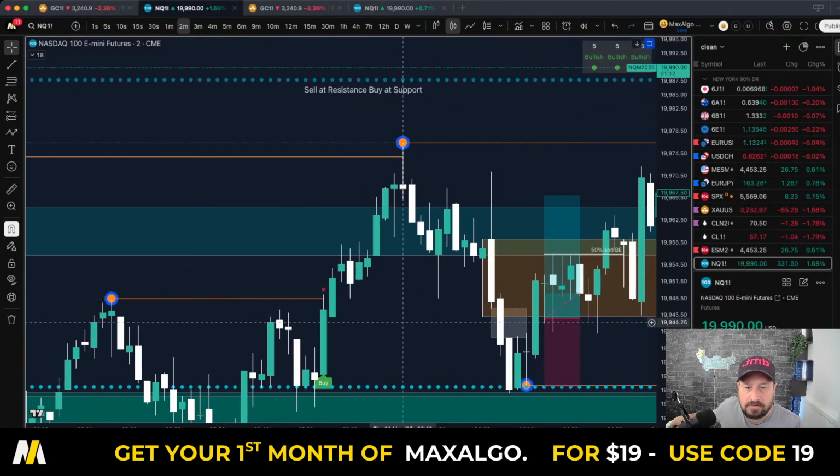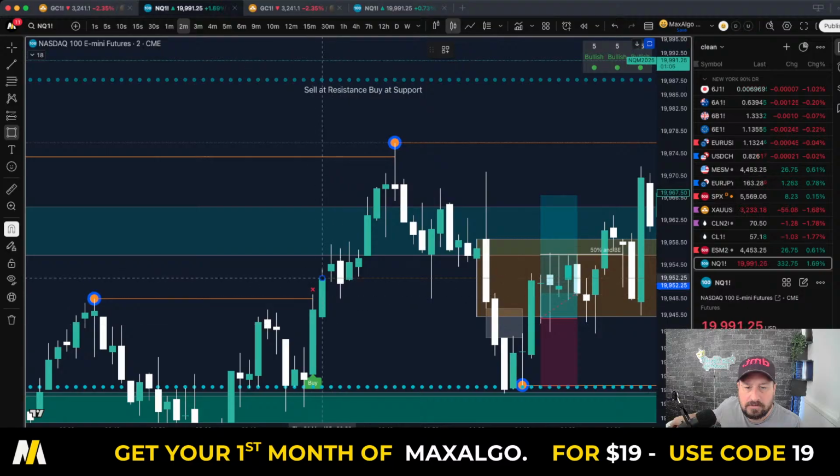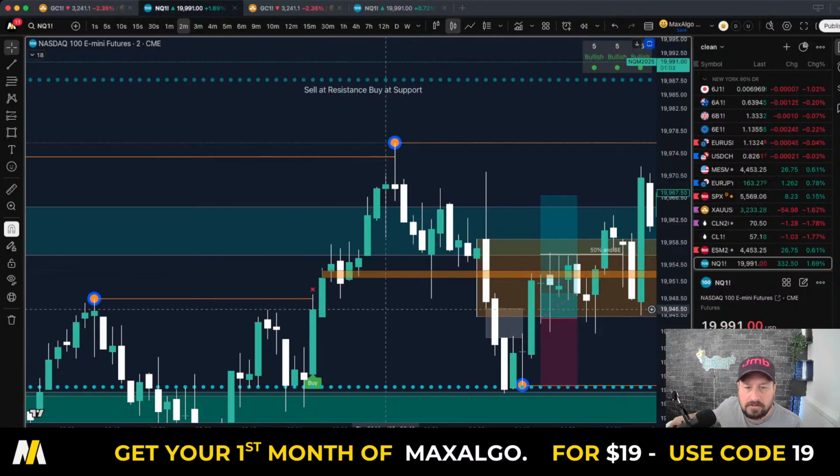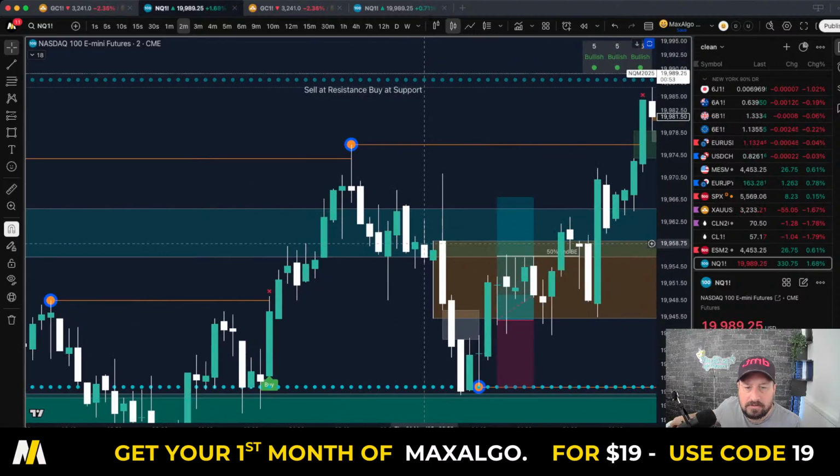Not all. It's a bit like fair value gaps in that some of them work better than others. They don't work all the time, but here is an example, right? Price comes below it, closes back above it, taps it and continues. And then sometimes when we want to move off in a direction, we'll open one up and come off in the other way. I think ES is probably a better example of these.